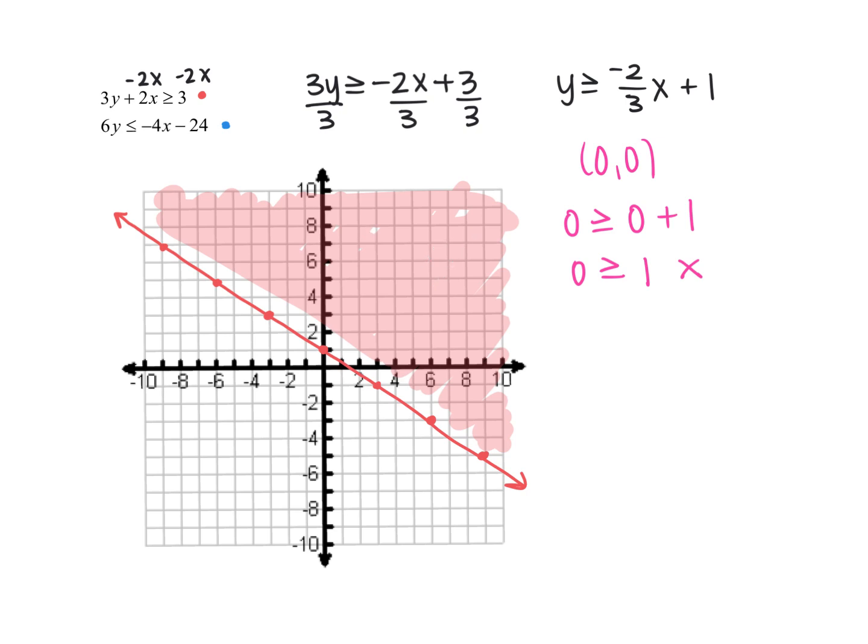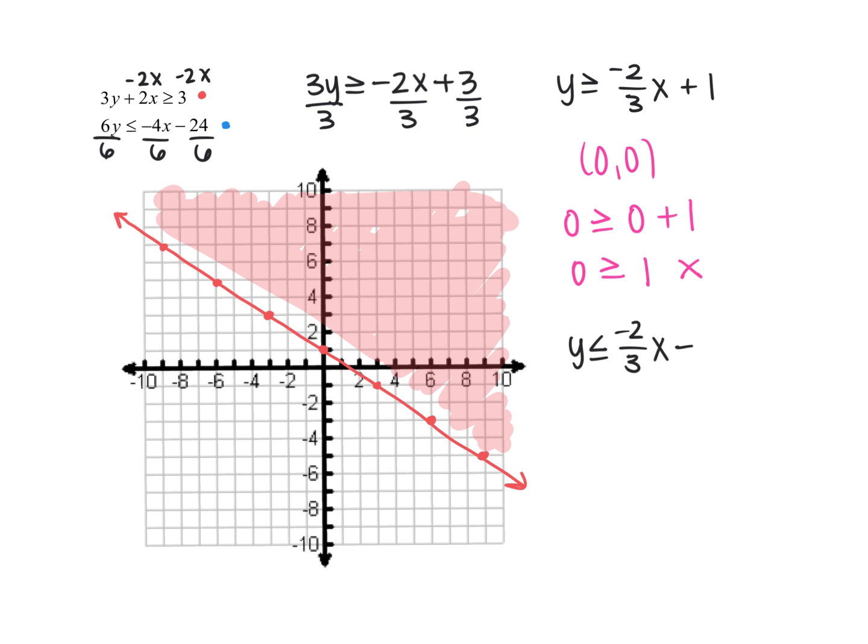For my second inequality, I don't really have to do a lot to manipulate it because my y is already by itself. I just have to divide everything by 6. So when I divide everything by 6, we get y less than or equal to. I am also going to get negative 2/3 x here because negative 4 over 6 is 2/3.